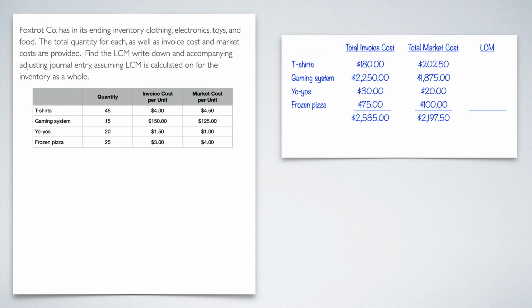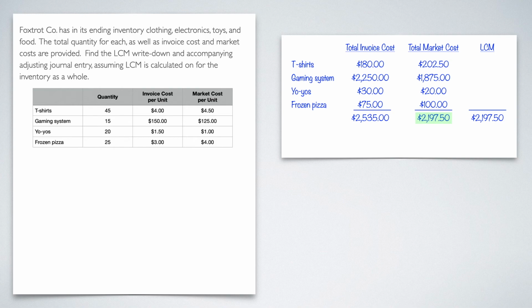So what I'm looking for is the lowest of the total amounts. Which side has the lower amount between the total invoice cost total and the total market cost total? In this situation, it would be $2,197.50. That's what's moving over. Notice, when you're dealing with inventory individually, your LCM total is made up of the individual components.